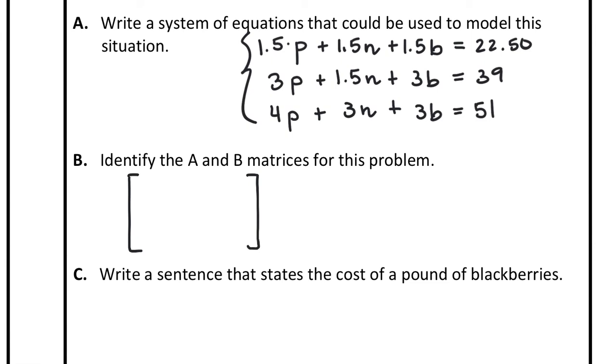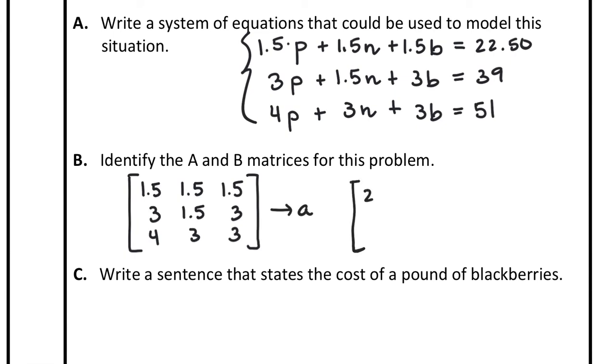So the A matrix is 1.5, 1.5, 1.5, 3, 1.5, 3, and then 4, 3, 3. This is my A matrix. My B matrix is 22.50, 39, and 51.